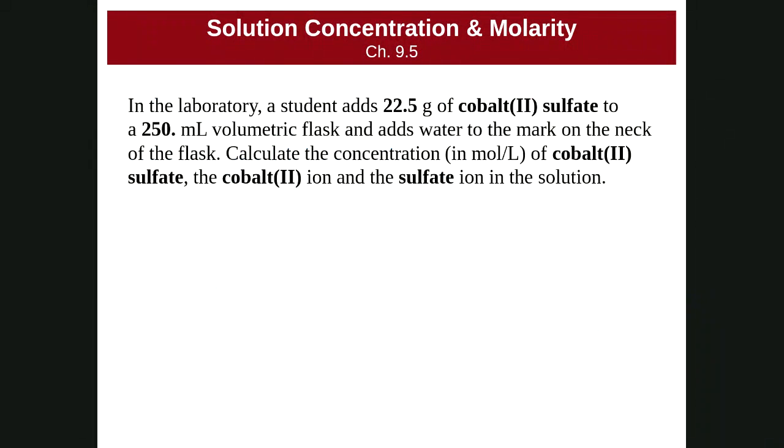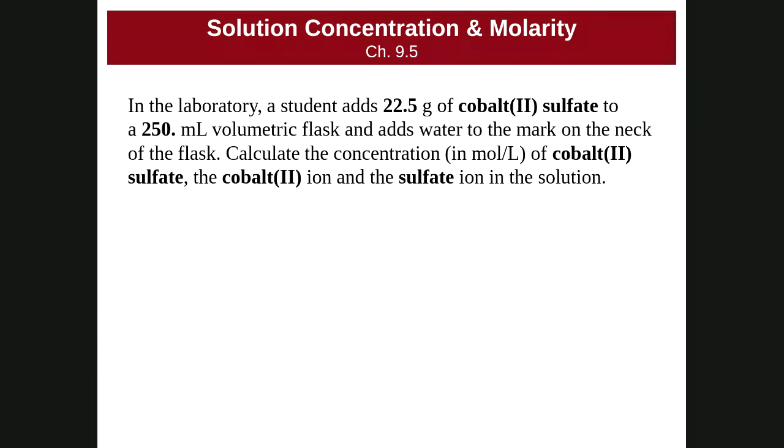Okay, so let's see what else we can do with that. So in the lab, a student adds 22.5 grams of cobalt sulfate to a 250 milliliter volumetric flask and fills up the flask with water. We want to calculate the concentration in moles per liter of cobalt sulfate, the cobalt ion, and the sulfate ion.